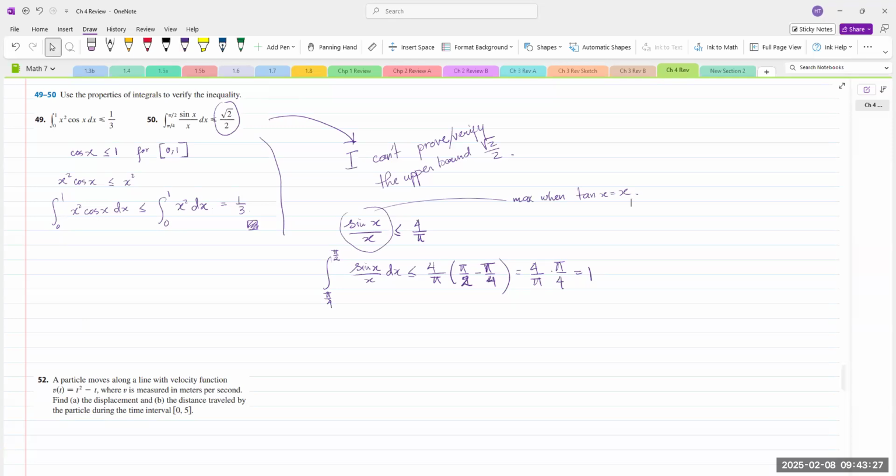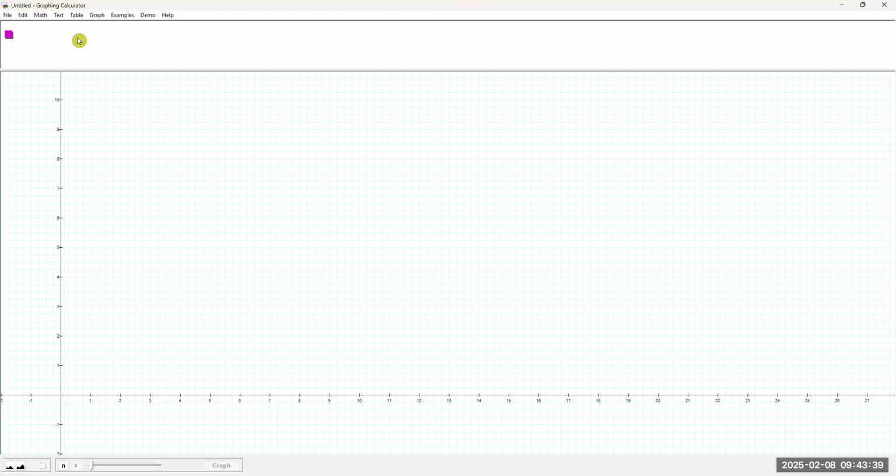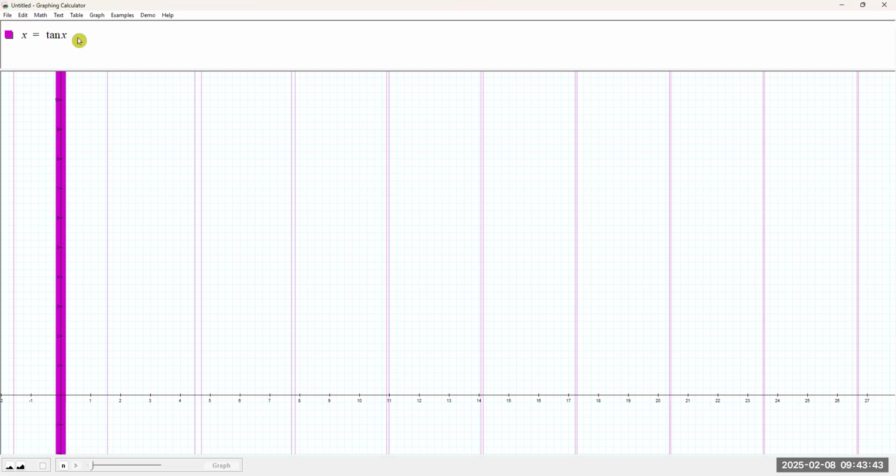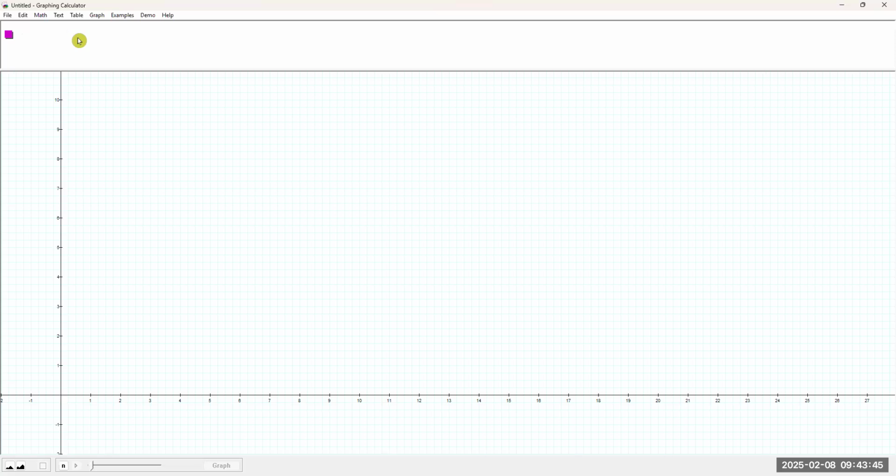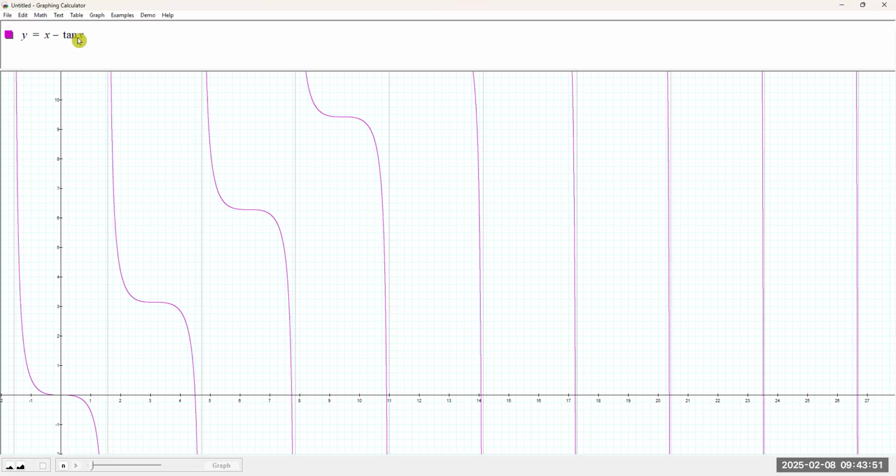I know this is way outside of my time already, but let me share with you the graphing calculator. I basically try to find where they intersect. No, I'm sorry, y equals x and y equals x minus tangent x, and we try to find the x-intercepts.